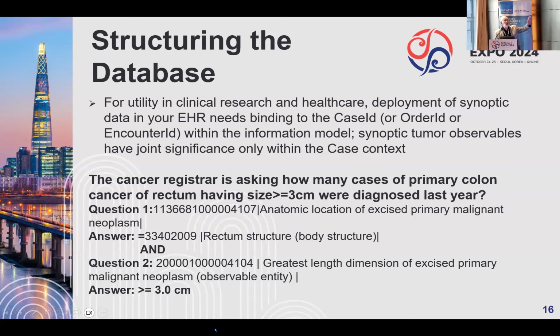So thinking back to our use case of how we find these cases in our database, remember, we're going to search for two pieces of data. One will be that the anatomic location of the excised primary malignant neoplasm is rectum structure, or a descendant of rectum structure, but I don't believe there's any children.